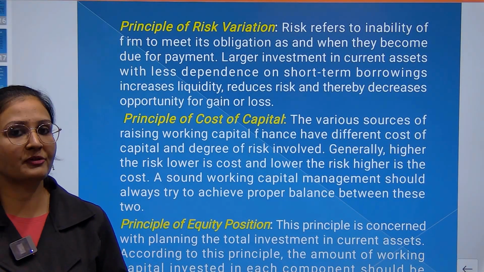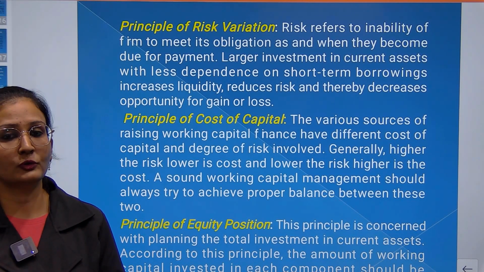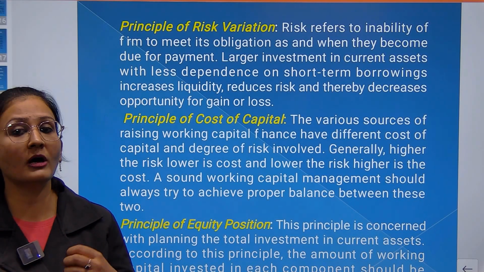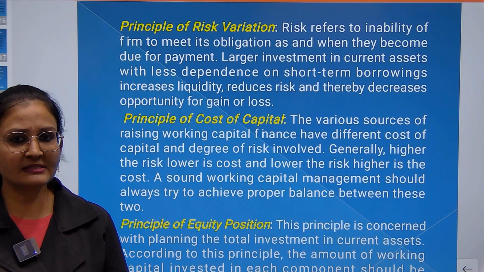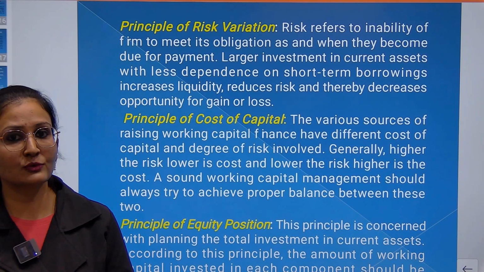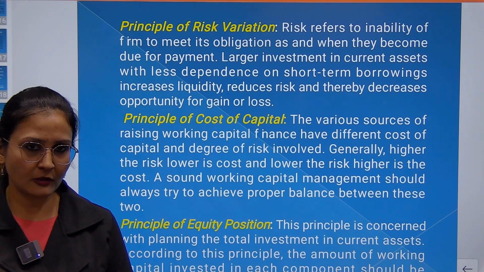The principle of risk variation refers to inability of firm to meet its obligation as and when they become due for payment. Larger investment in current assets with less dependence on short-term borrowings increases liquidity, reduces risk and thereby decreases opportunity for gain or loss.